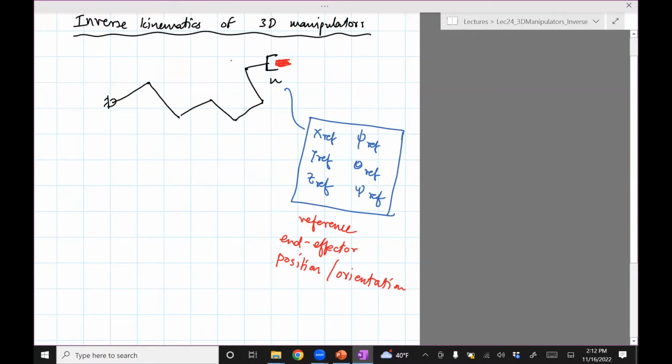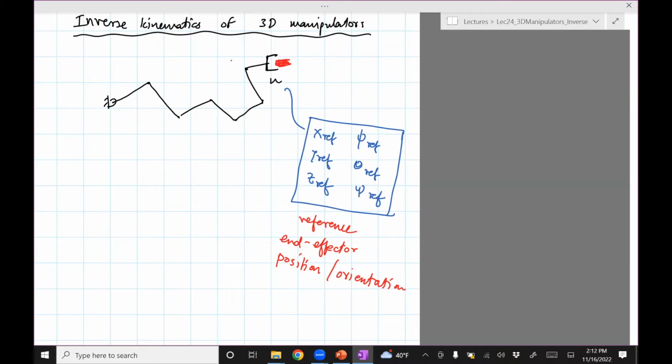Now one thing to realize is that since the end effector position and orientation is given by 6 numbers, we want to be able to do that with at least 6 joints, right? Because 6 numbers pose 6 constraints, we need at least 6 joints. If you have more joints, then it's good, but if you have less than 6, then you may not be able to do what you want because you will be short by 1 degree of freedom.